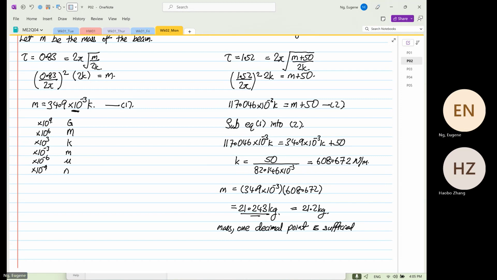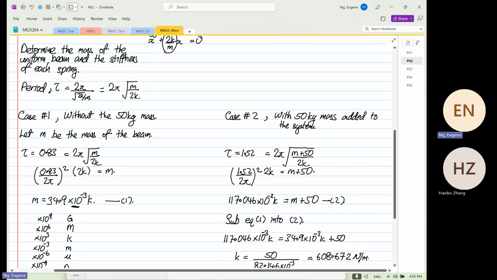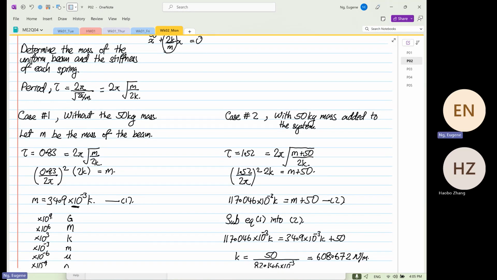So you can see, if you have a system where you don't know the stiffness, what you can do is let it oscillate on its own and calculate the period. How to calculate the period? You press the spring down and let it go, and let it go up and down.